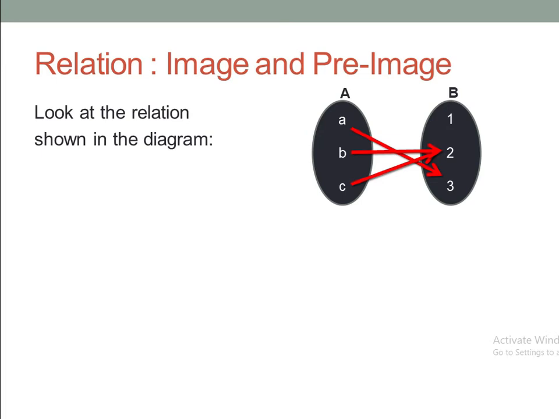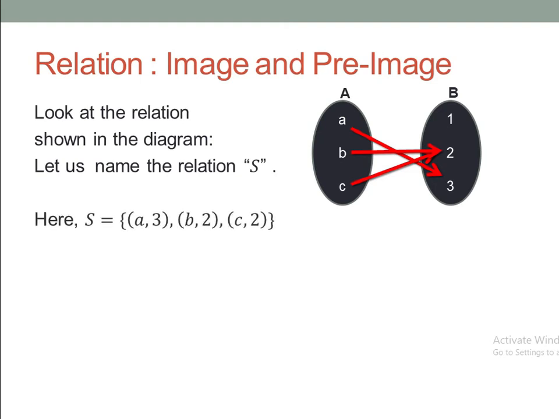For example, we can say from the diagram, let us name this relation S. Here S is equal to {a3, b2, c2}. The pre-images of this relation are a, b and c.